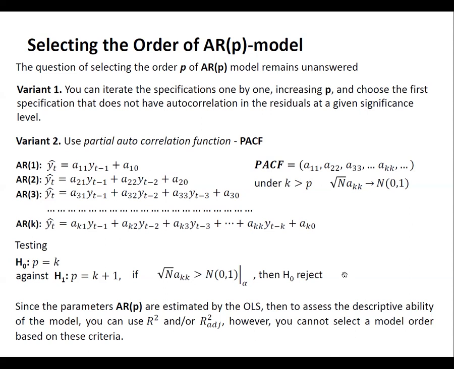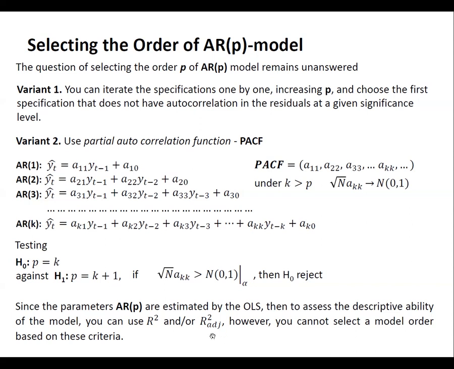Also, since our AR model is quite normally estimated by the least squares method, we can use R squared or adjusted R squared to assess the descriptive ability of the model. But choosing the order of the model based on this criterion is not recommended.